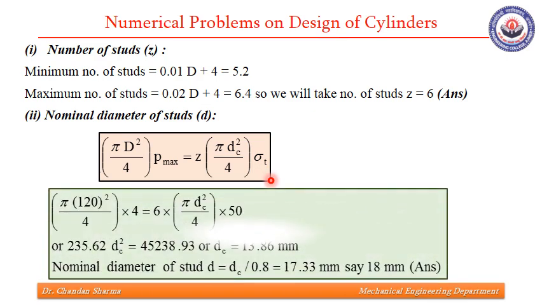When we put all the values, we find DC from here, that is the core diameter of the stud, 13.86 mm. We know that nominal diameter D is DC upon 0.8, so it comes out to be 17.33 mm, or say 18 mm. So we found studs as 6 and nominal diameter of stud as 18 mm.